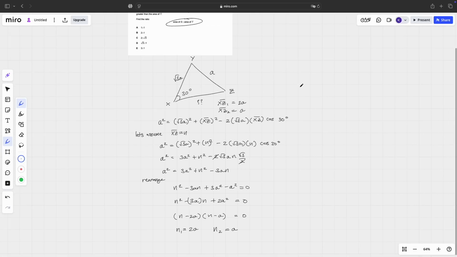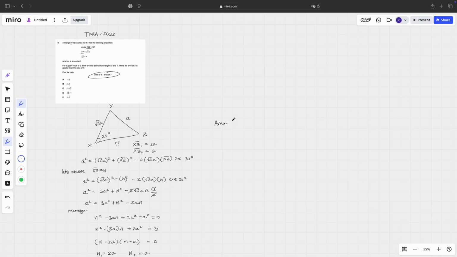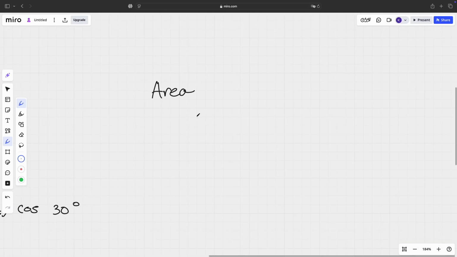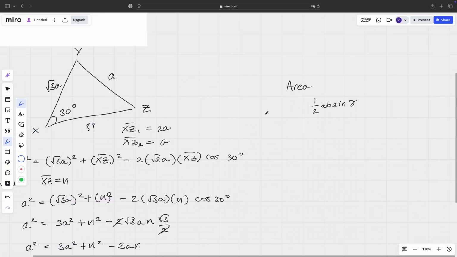Alright. So now we are going to be finding the area of these two triangles, S and T, let's say. Just want to recall, we are going to be finding the area using 1/2 ab sine C. So we already know that C is 30 degrees.